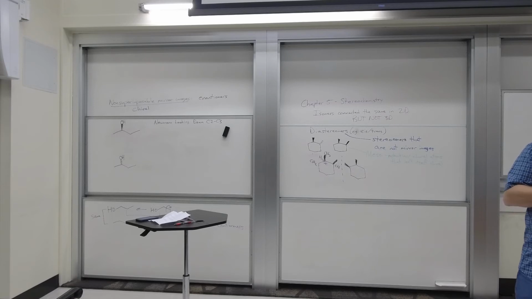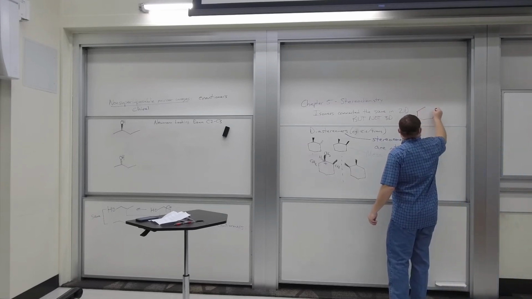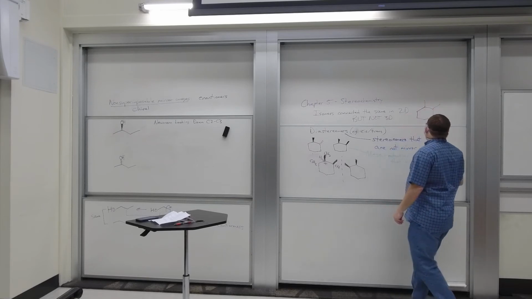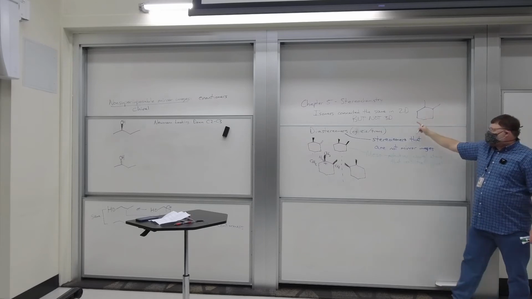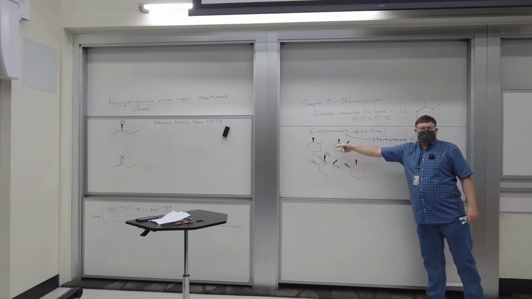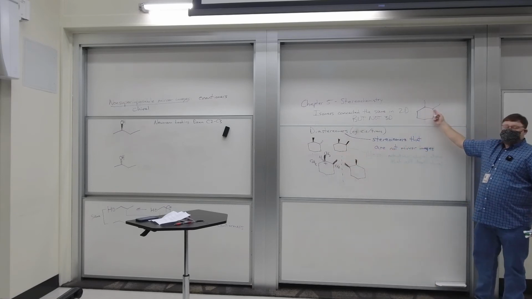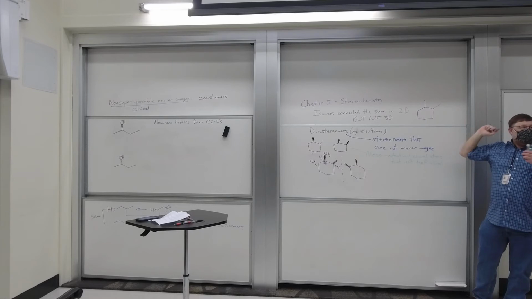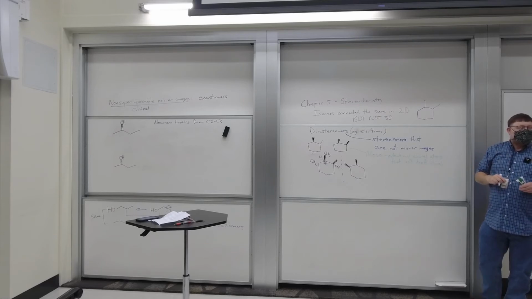Honestly, if I just drew this as a two-dimensional thing, I have not shown any wedge and dash here. This two-dimensional structure fits all four of these structures. That's a chiral atom, that's a chiral atom. You can't just say is one wedged or one dashed, but you know it's chiral because there are four different groups on it.